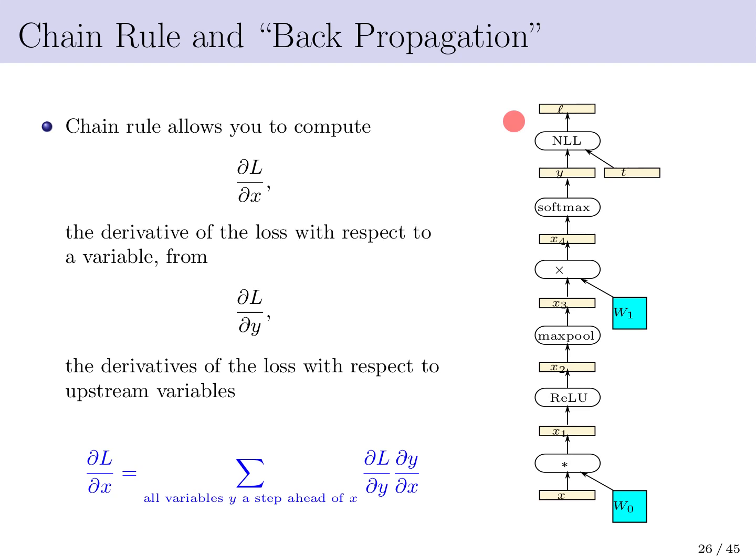Let me say this more specifically. For example, this is the function you want to take the derivative of, but it is simple to get the derivative of L with respect to y that is directly below L in the network, right?